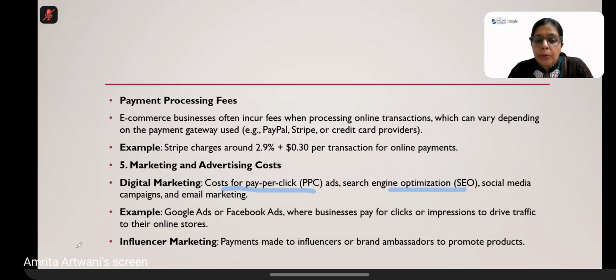Google ads, Facebook ads, where businesses pay for clicks or impressions to drive traffic to their online stores. Okay, you're paying Google to show ads of your products. You're paying Facebook to run ads on their social media platform. Okay, and if people click on their ad and land on your page, then you pay these companies like Facebook and Google.